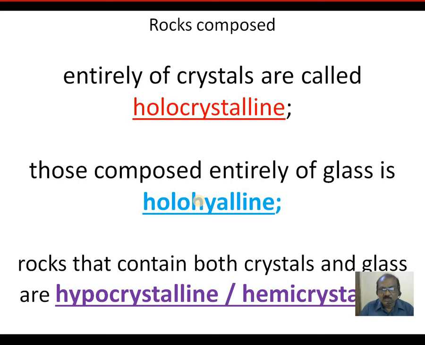Holocrystalline means the entire rock consists of mineral grains or entirely crystals. In case the entire rock consists of glass, we say the rock is exhibiting holohyaline texture. Sometimes the rock exhibits both crystals and glass, so we say the rock is exhibiting hypocrystalline or hemicrystalline texture.